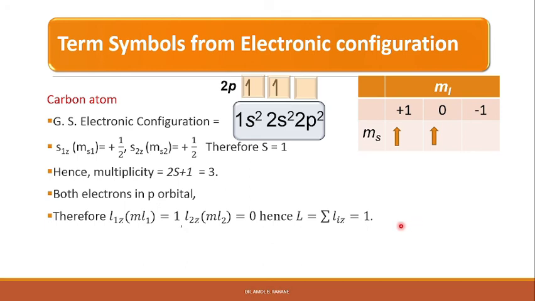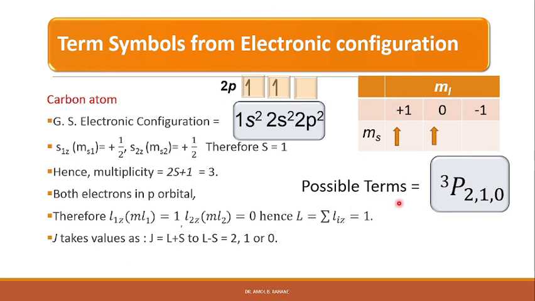J takes values from L plus S to L minus S, that is 2, 1 or 0, that means 3 values of J, and therefore possible terms are triplet P 2, 1, 0. There are 3 possible terms. So which one is the ground state? That is determined by rule number 4.